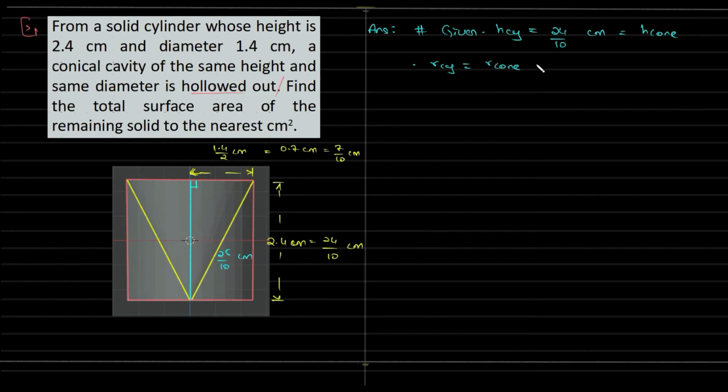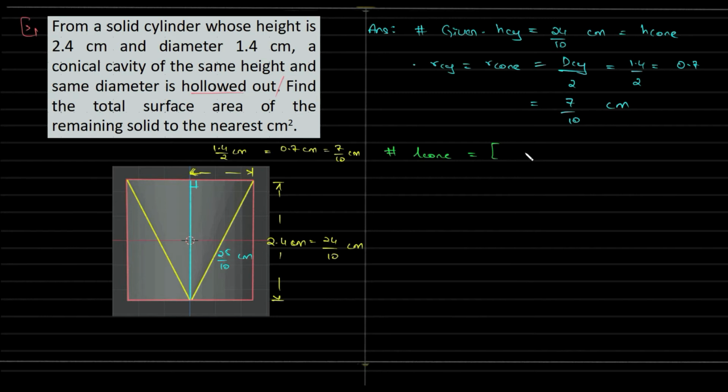So radius is diameter of the cylinder by 2, which is 1.4 by 2, that is 0.7, and I'll write it as 7 by 10 centimeter.